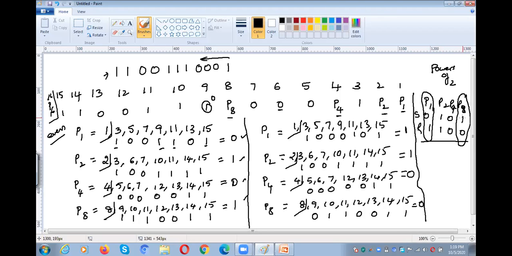So the P8 also changed from 1 to 0. So at positions P1 and P8, there was a change. So if we add 1 plus 8, it is 9. So ninth position, the value is changed to 0. So you know the location where the data was changed. So we can replace it to 1. Like that we can correct the errors.